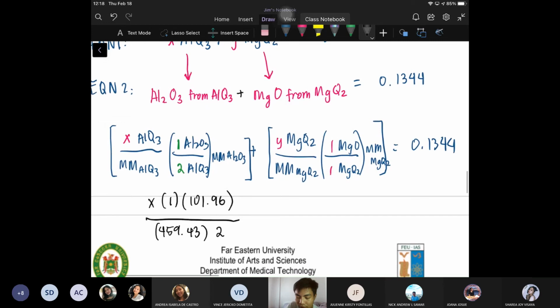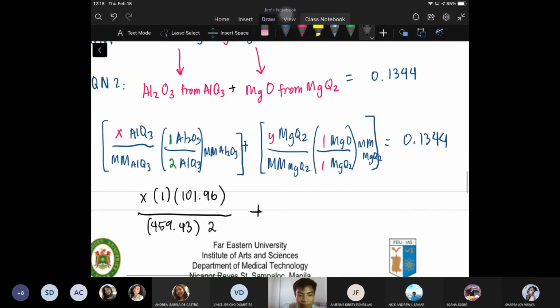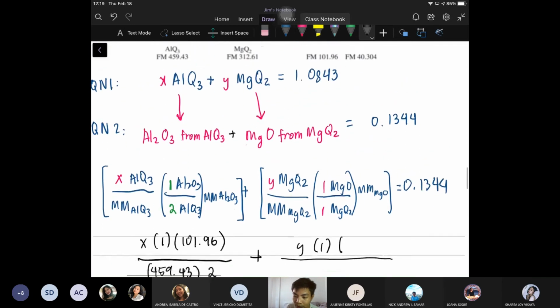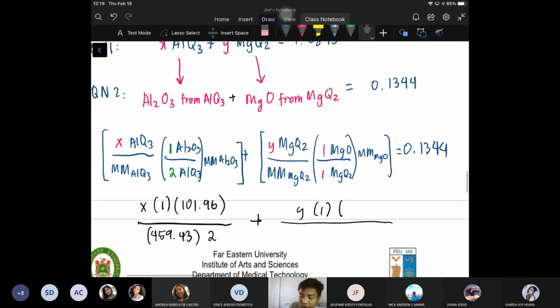So, times 2. Plus, yung dito naman sa kabilang term. You have Y times 1 times molar mass ng MgO. Magnesium oxide yan. Sorry. Ano yung molar mass ng magnesium oxide? Tignan natin. 40.04.